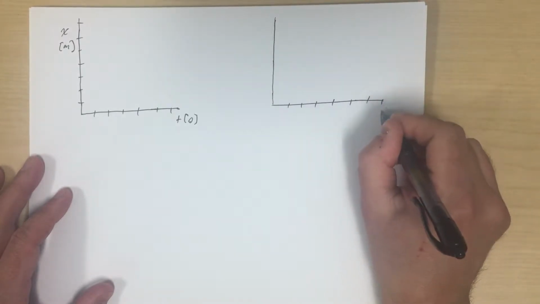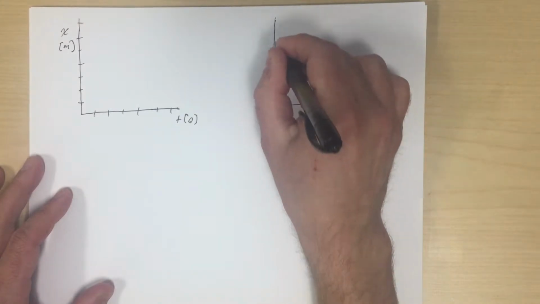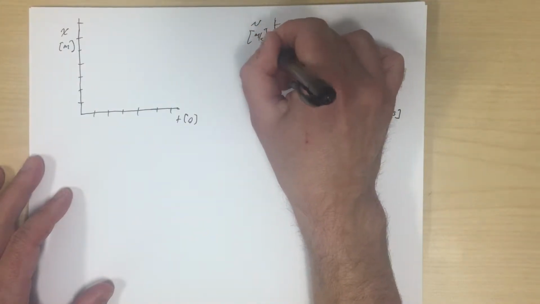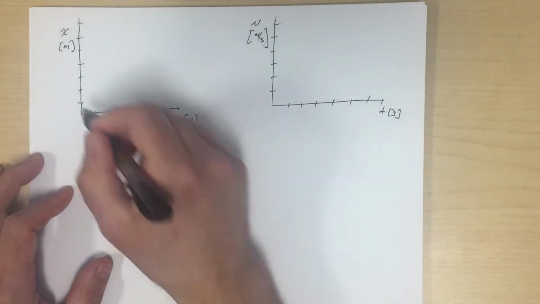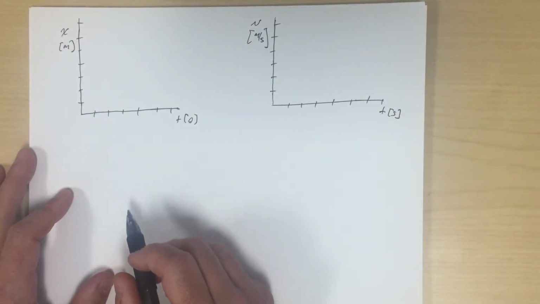The time here is the same, but the speed time plot has speed on the y-axis, and the position time plot has the location, the position, on the y-axis.